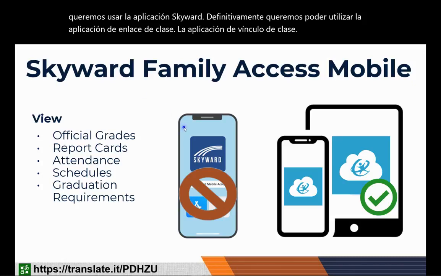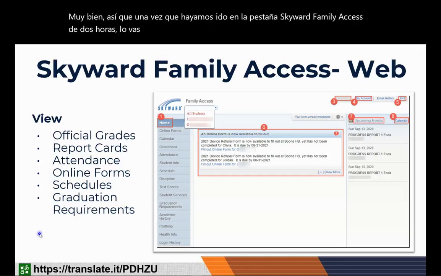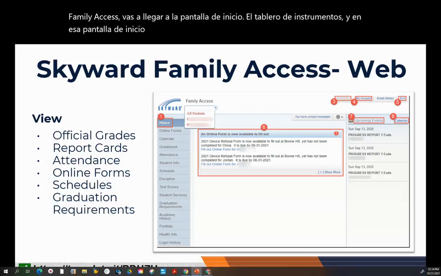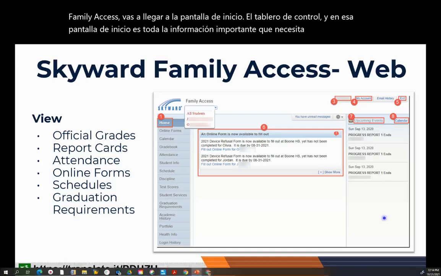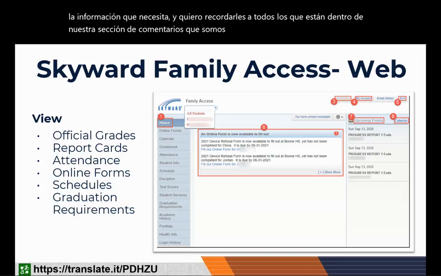Once we have gone into our Skyward Family Access tab, you're going to get to the home screen, the dashboard. On that home screen is all of the important information that you need. I do want to remind everybody in our comment section that this comment section is for questions specifically related to digital tools today.